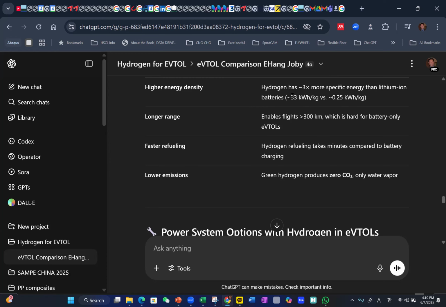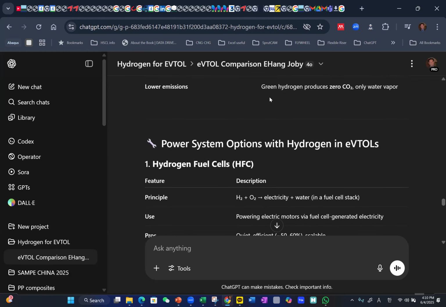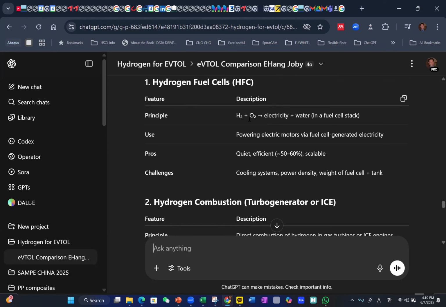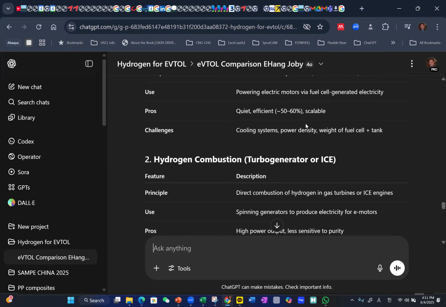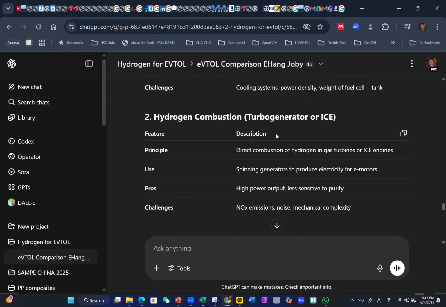So you can see how hydrogen power can be very light compared to a very heavy battery system. Power system, where hydrogen is, we already know the principle: H2 plus O2 giving us water and the motors, and pros and cons and challenges, etc.